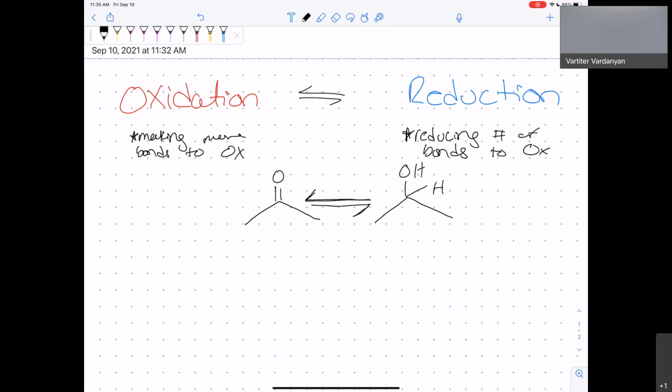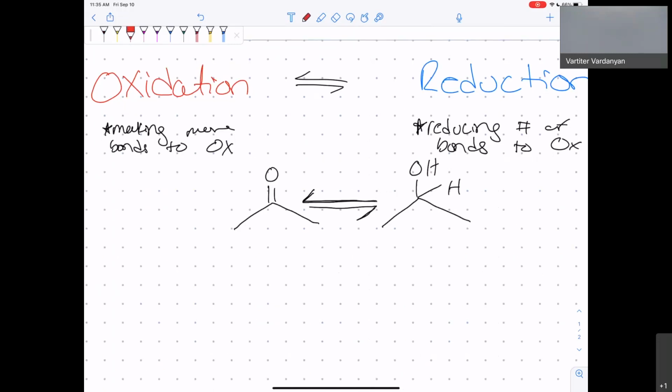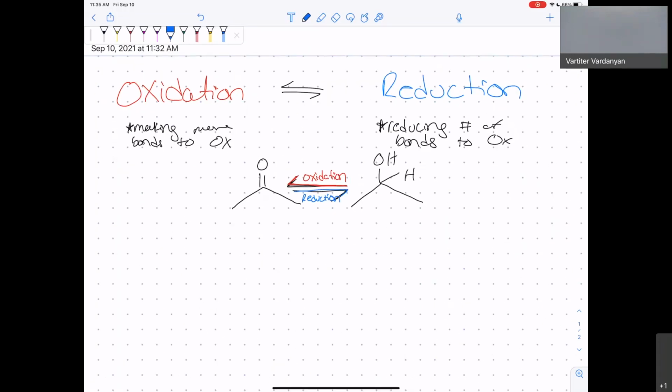Oxidized, because we're making more bonds to oxygen. Cool. And so the other direction must be a reduction. Why? Because you're making fewer bonds to oxygen. Exactly.